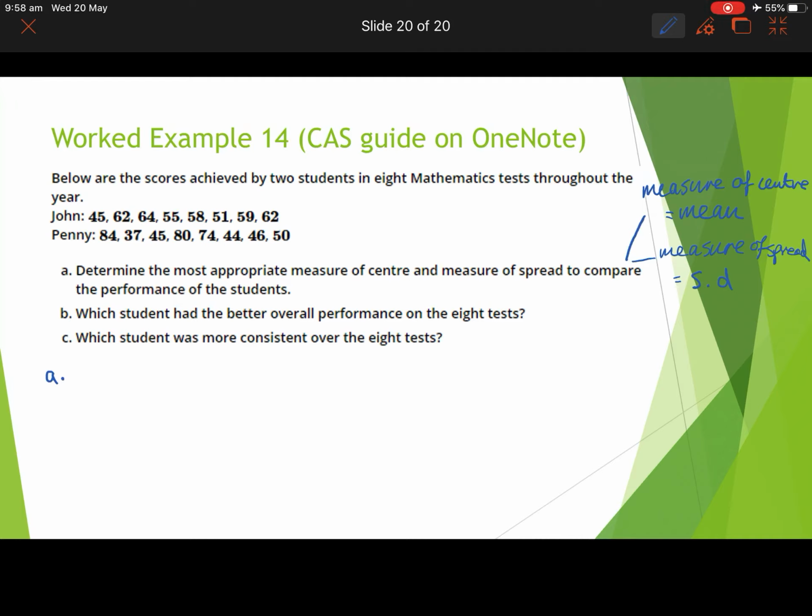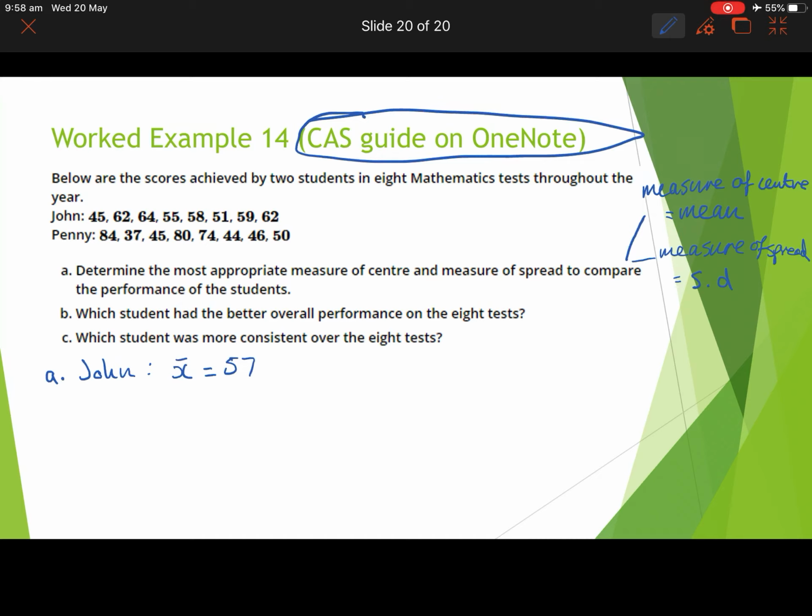So we've got John, his average, so we'll find the mean. The mean is 57. Now, up here, there's a CAS guide in OneNote that you can have a look at if you don't remember how to find these, or you can do what we did before. But just to make it quicker, because we just want this information quickly so we can get to actually comparing.